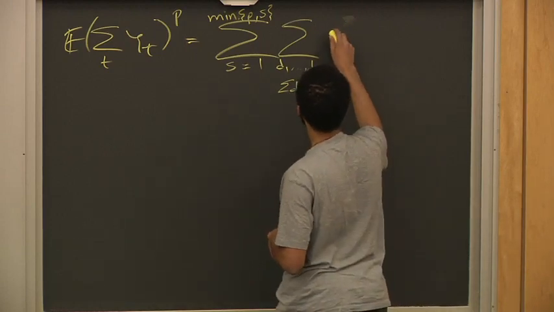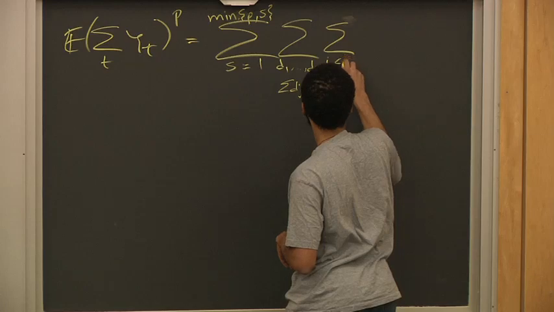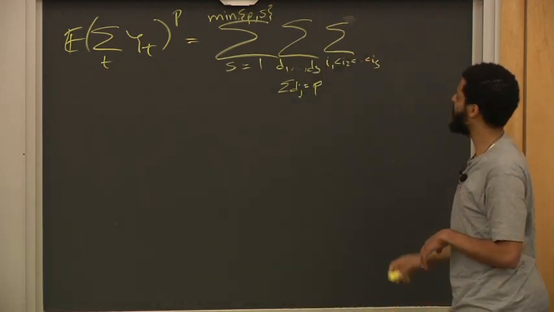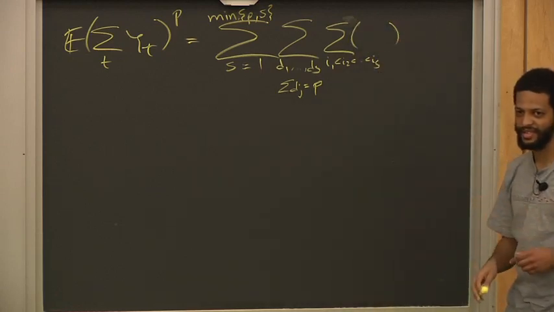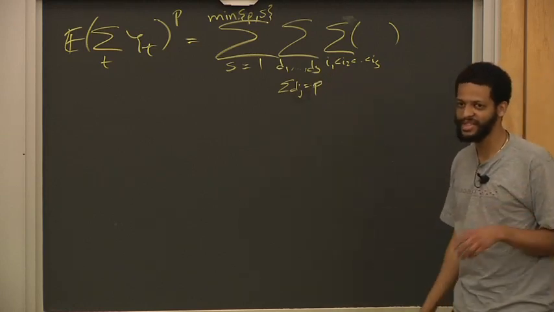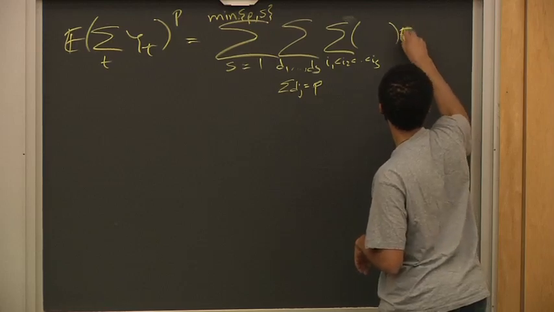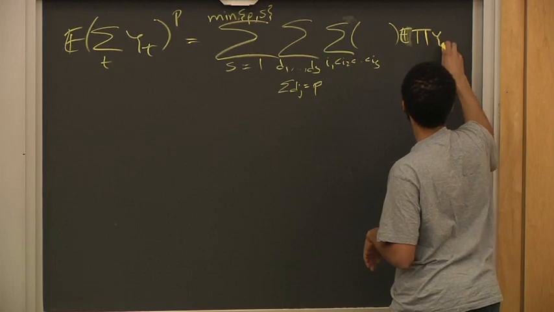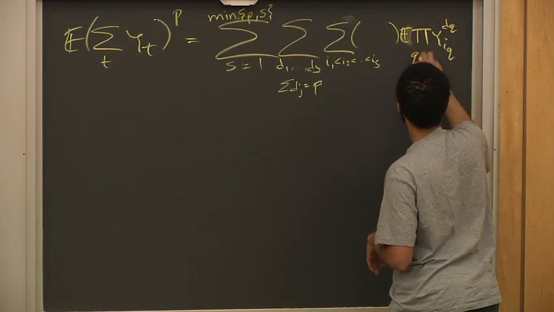And then you have the sum over all choices of indices, i_1 is less than i_2 is less than ... is less than i_s. And then here you have some multinomial coefficient for all the ways to choose indices that have these powers. And then you have the expectation of the product of y_{i_q} to the d_q, where q goes from 1 to s.